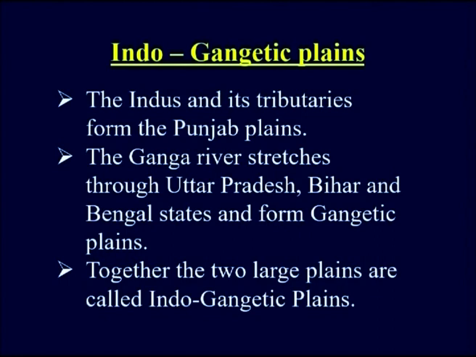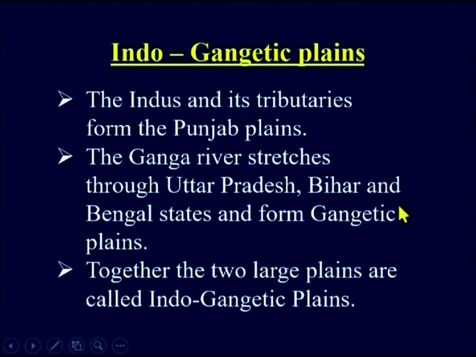Indo-Gangetic plains: the Indus and its tributaries. What are tributaries? They are the small rivers. They flow from the Punjab plains. The Ganga river stretches through the states of Uttar Pradesh, Bihar and Bengal and forms the Gangetic plains.